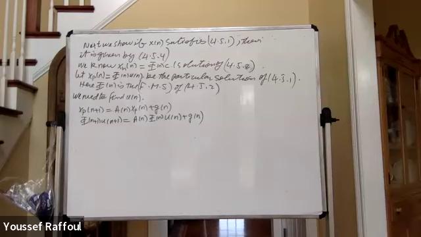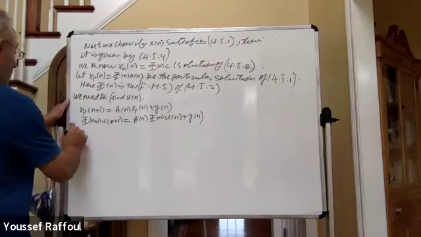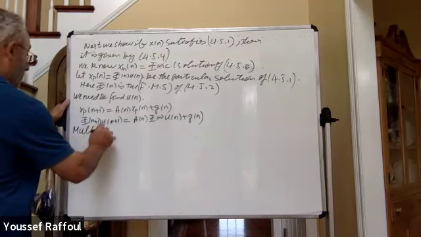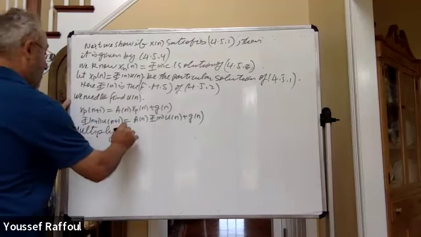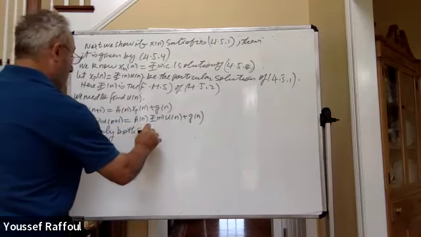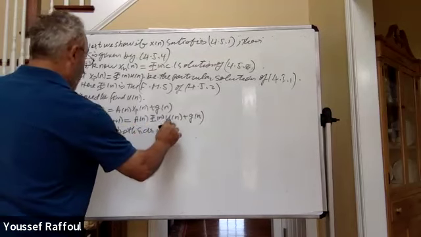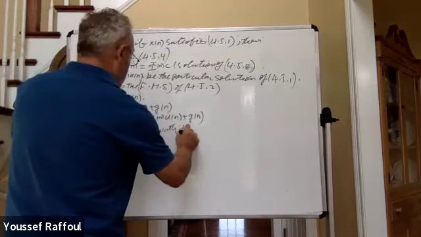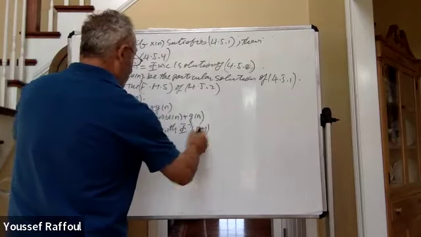All right. So multiply both sides with phi inverse of n plus 1.